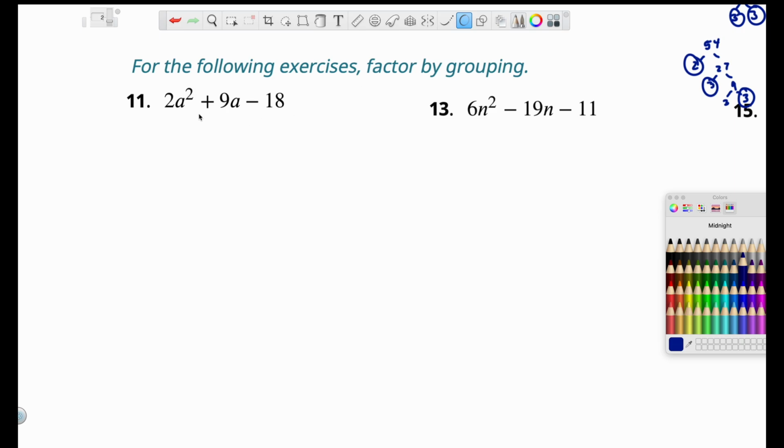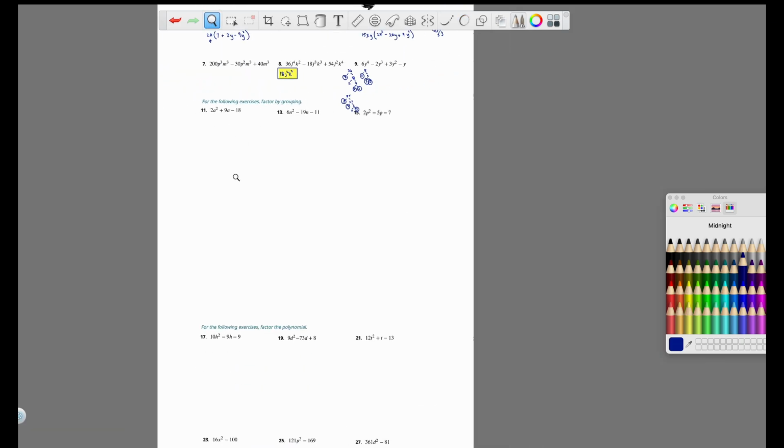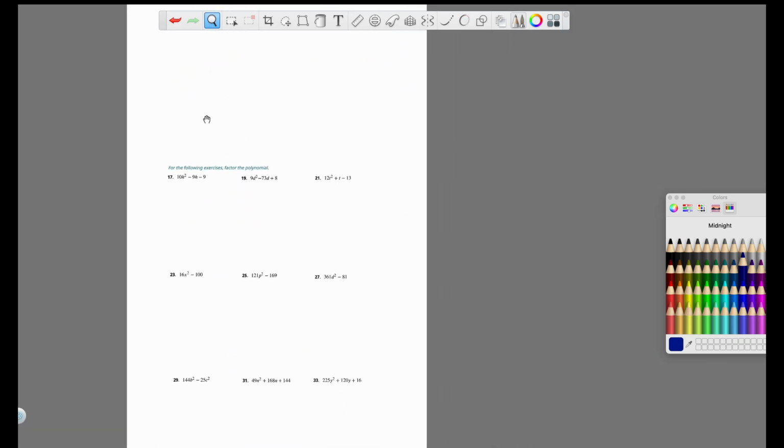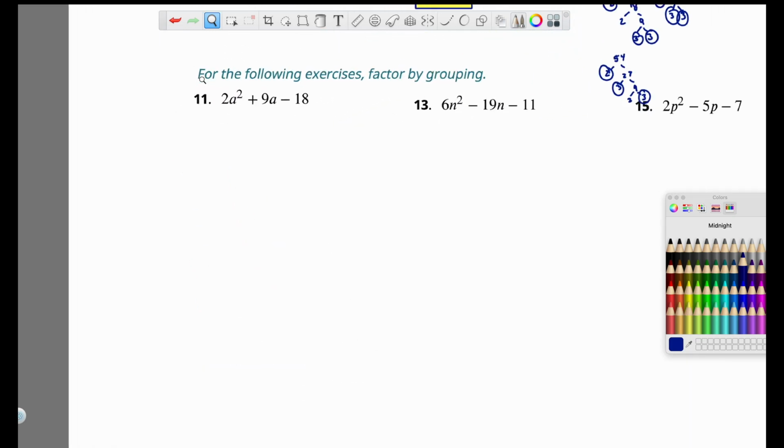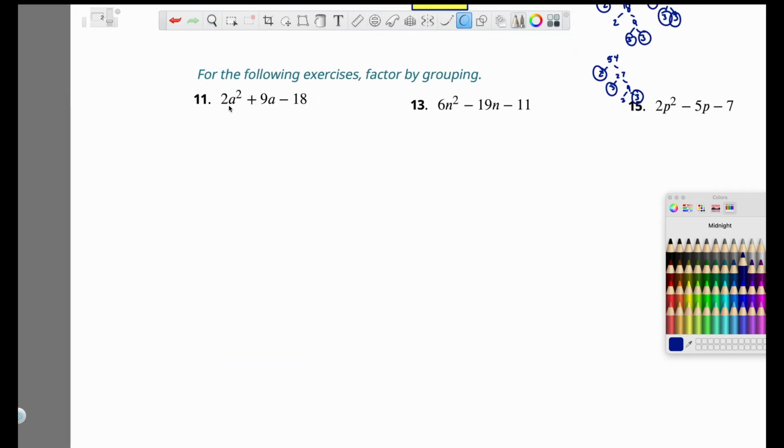Factor by grouping. Okay, so we've got, this is in standard form, ax squared plus bx plus c. The leading coefficient is something other than 1 here. So my a value is 2, my b value is 9, and my c value is negative 18.